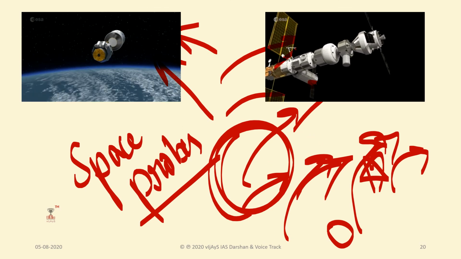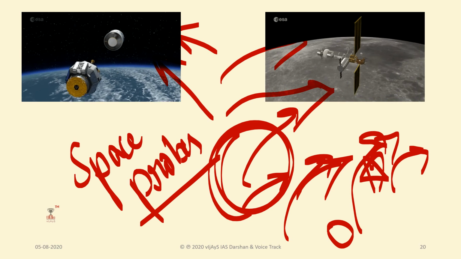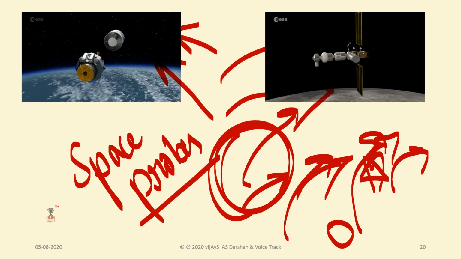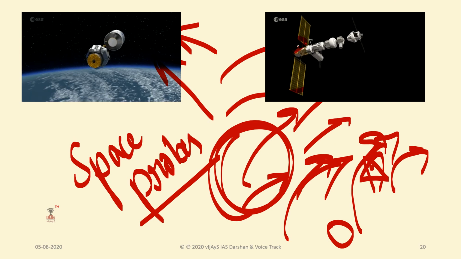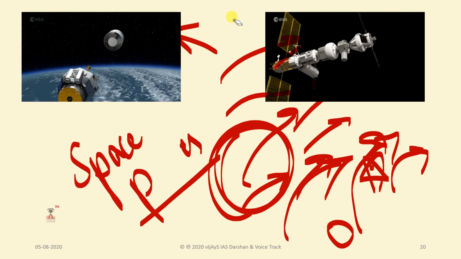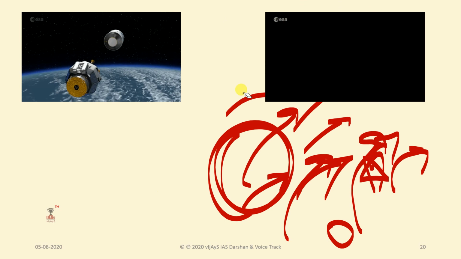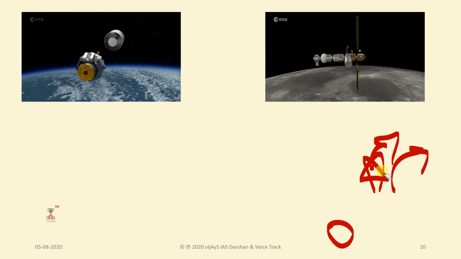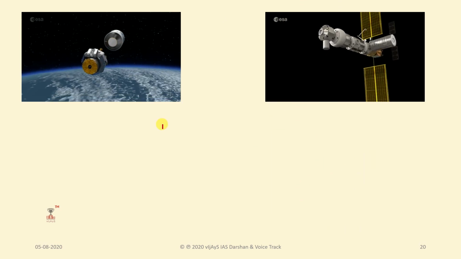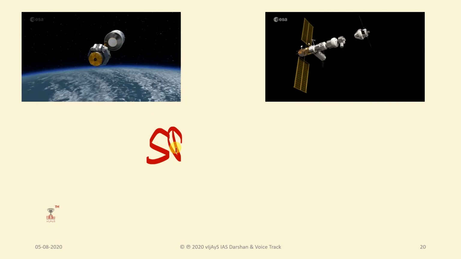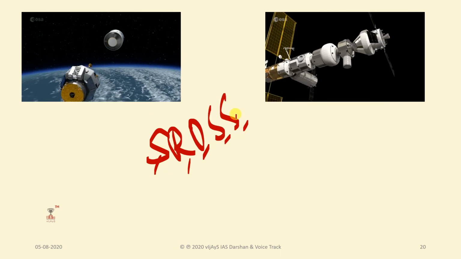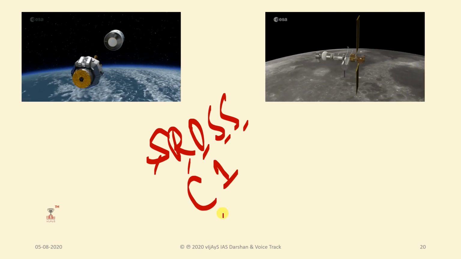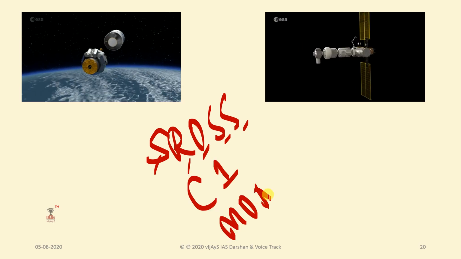High cost is incurred to explore space. And how many space exploration satellites are there so far in India? In India nearly 3 are there. That means SROSS, that means Stretched Rohini Satellite Series, and Chandrayaan-1 is there, and the Mars Orbiter Mission, Mangalyaan.